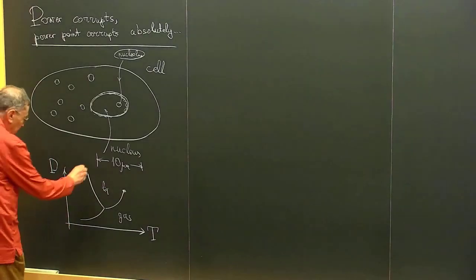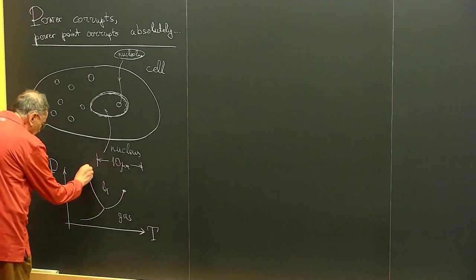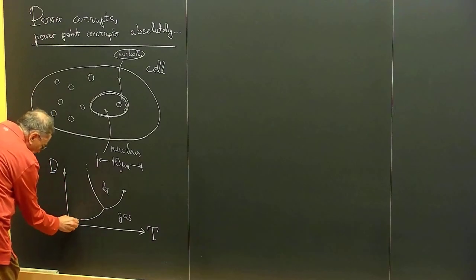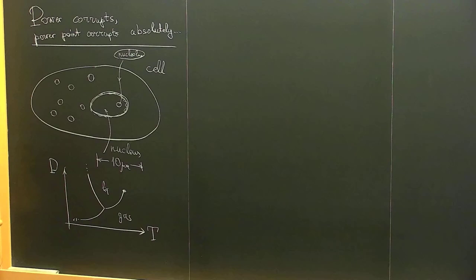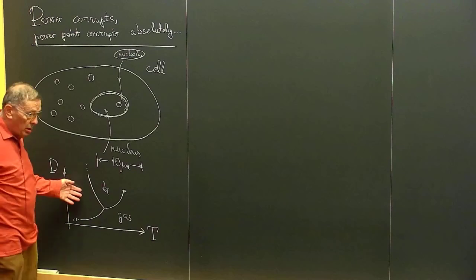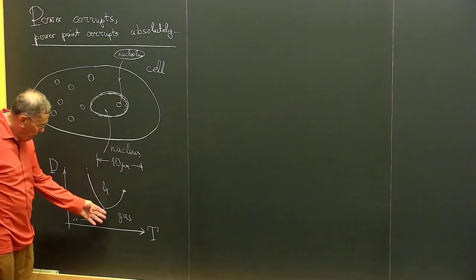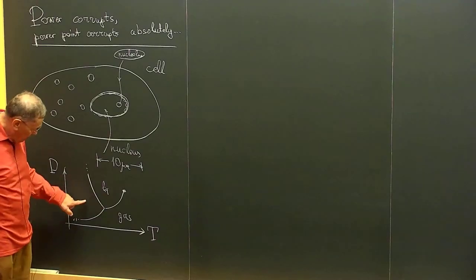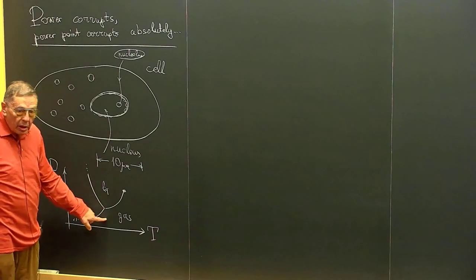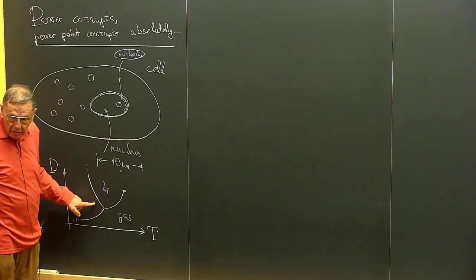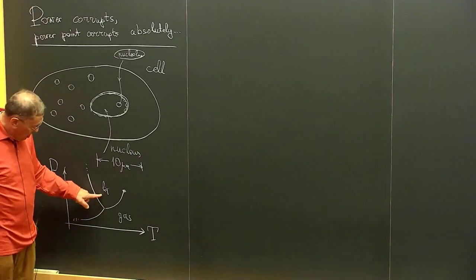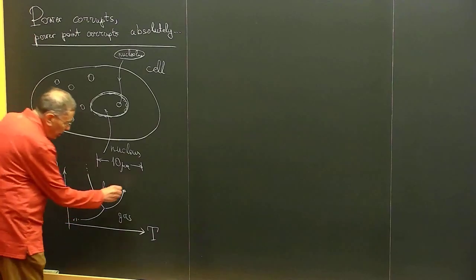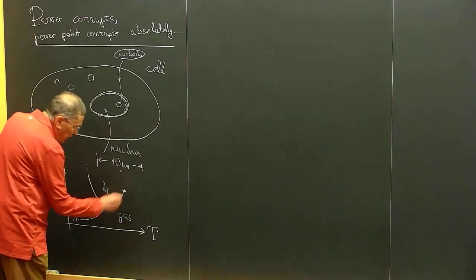Now, an important thing that you should remember is that these two lines never end, because solid, crystal, and either liquid or gas have different symmetries, and therefore the transition from here to here cannot happen without a phase transition, or from here to here. So they never end, while this one does end at the critical point.